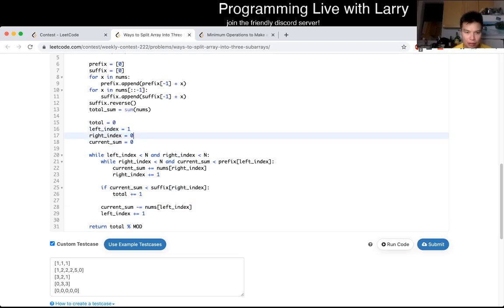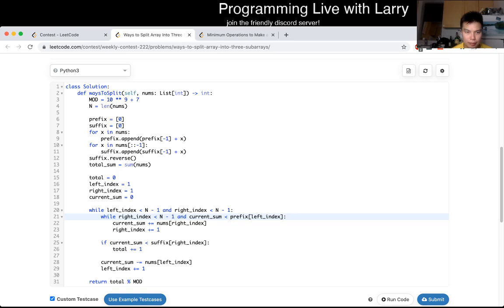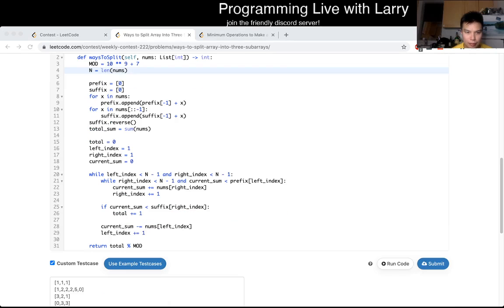I have to start one. Include the first element because I have a 0.